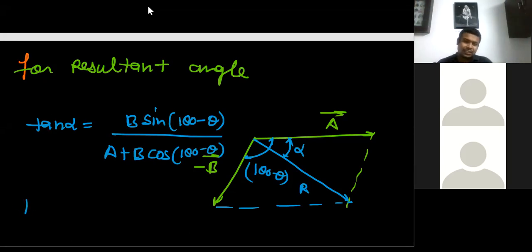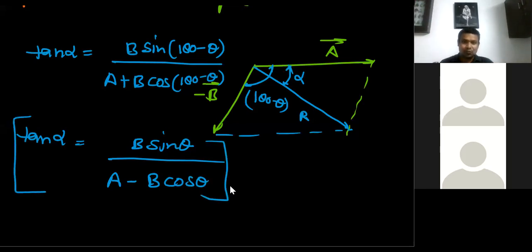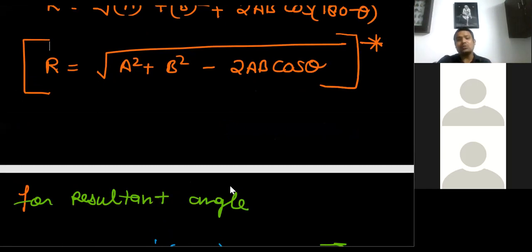As we know, sine 180 minus theta is always positive, thus B sine theta, and cos 180 minus theta is negative, so A minus B cos theta. Clear, my dear friends? So for the resultant angle, please use this formula, and for the magnitude of the resultant, use this formula: A square plus B square minus 2AB cos theta.